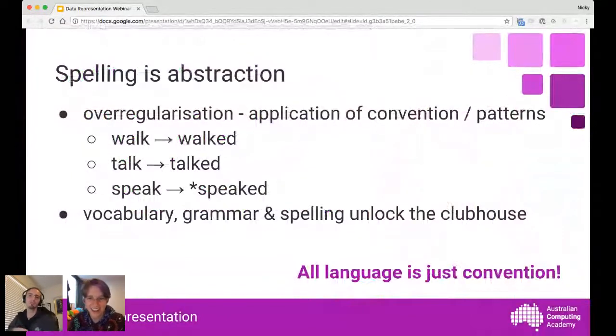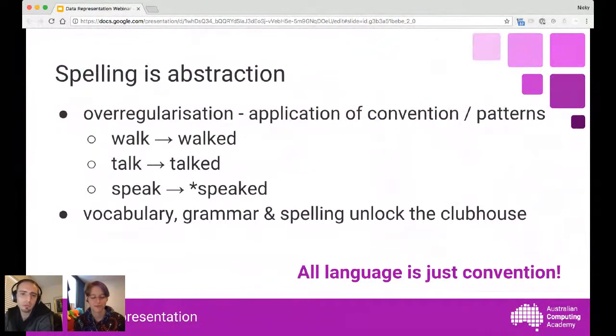So one of the things that we then look at is spelling, which is the progression from language back into symbols for storing a lot of the knowledge that we have. We spell and form the words that we write using a convention or series of patterns that provide additional meaning.